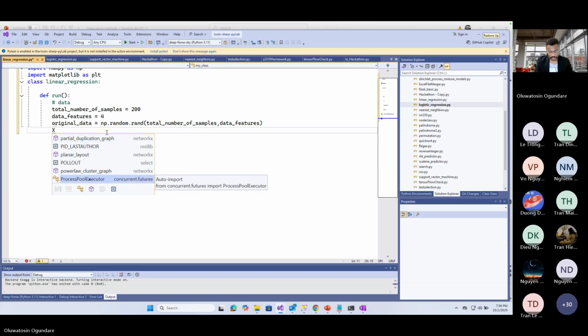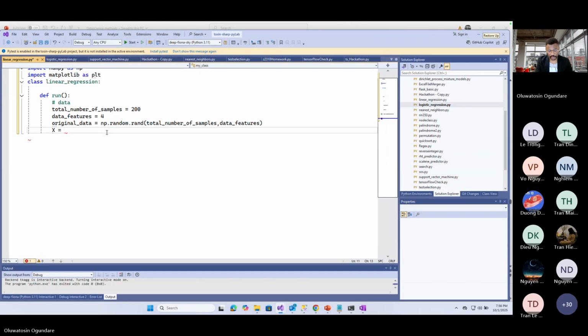We can separate it like this, using this comprehension. So x in original.